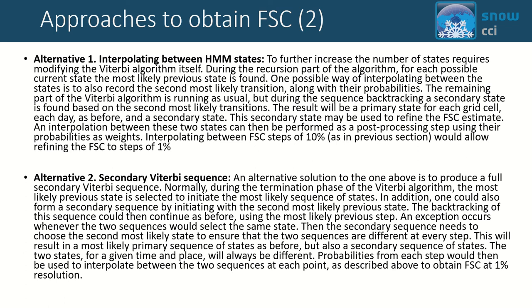We don't know which one will be best, but we have so far implemented the 10% states, and we are testing these interpolation approaches. The second alternative seems to be a little bit better currently, but we have not finally concluded.